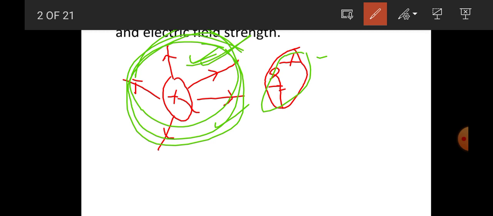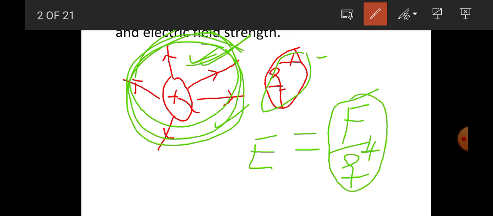Electric field strength, which is symbolized by E, is defined as force per unit charge, the force per unit charge acting on a positive test charge. This is the difference between electric field and electric field strength.